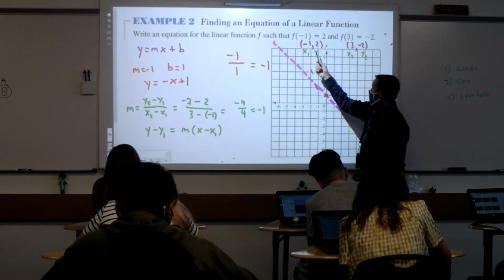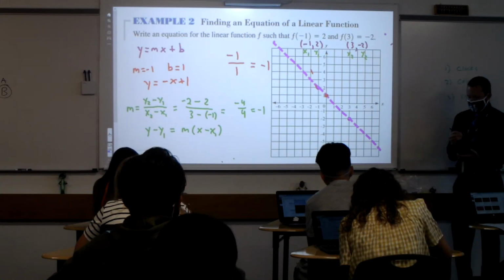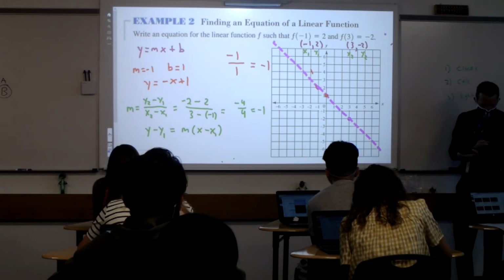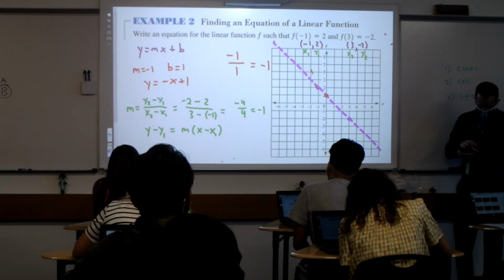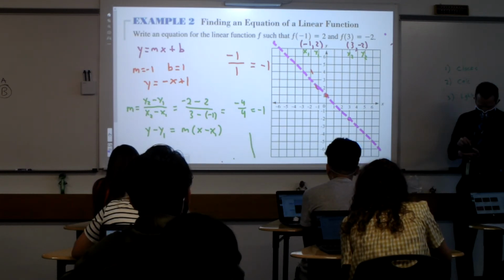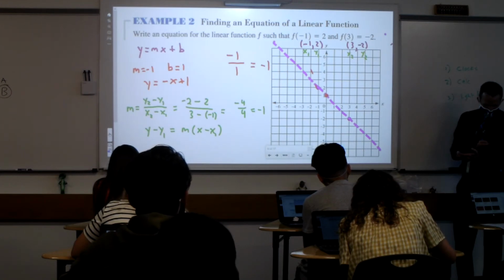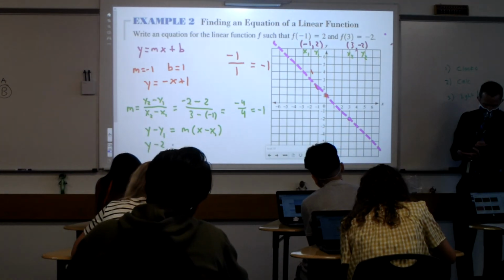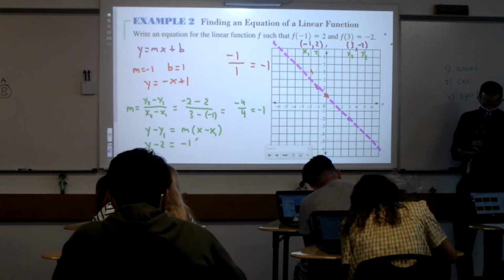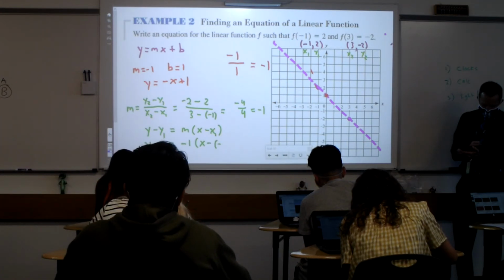And we already have an x1 and a y1, so let's go and plug those in here and see if we get the same equation we came up with before, okay? So this will be y minus y1, so that's y minus 2, is equal to -1, and then x minus x1 is going to be x minus a -1.